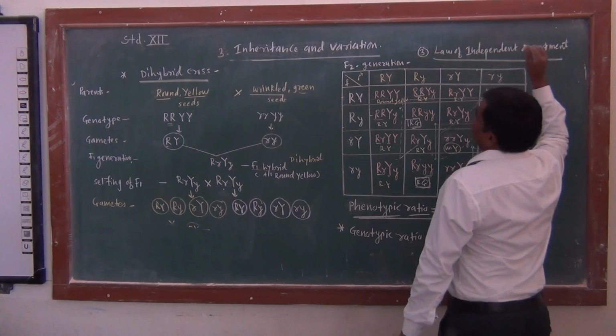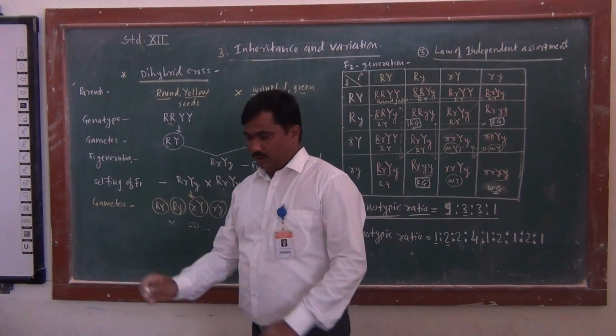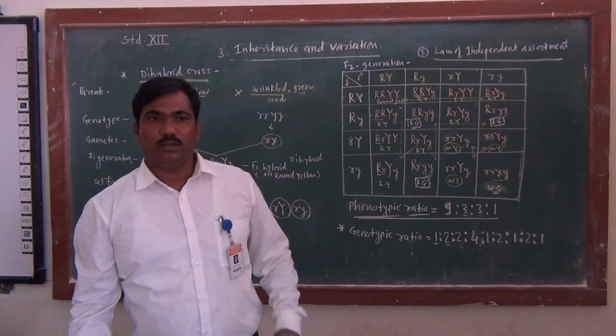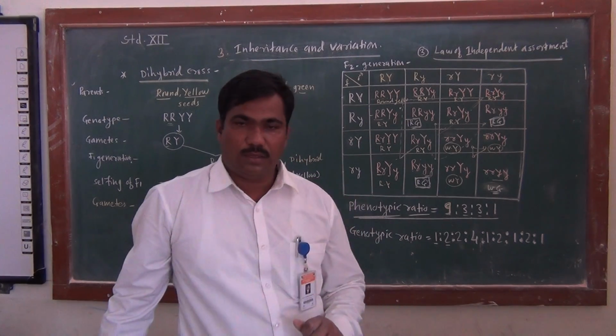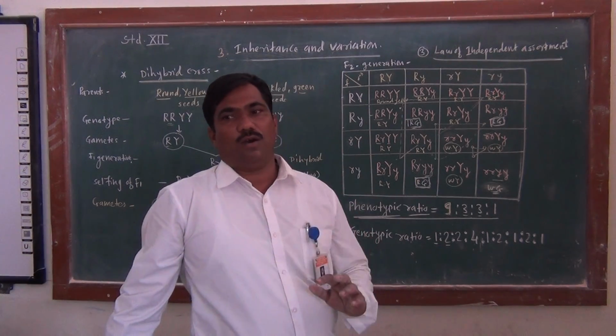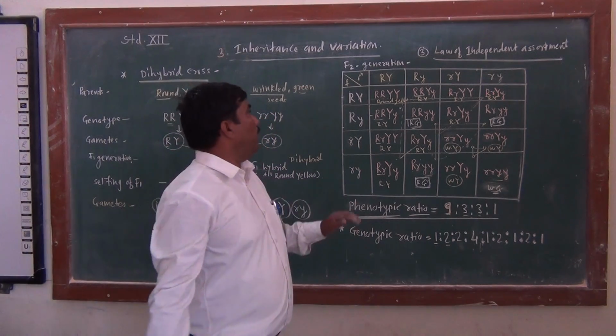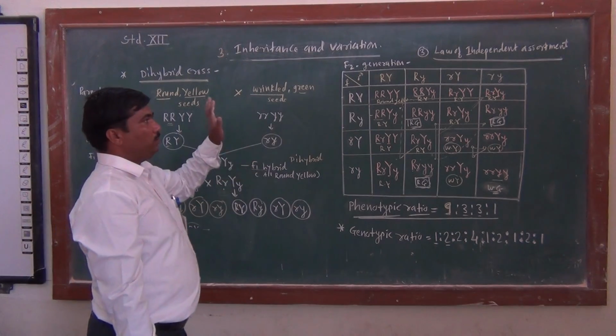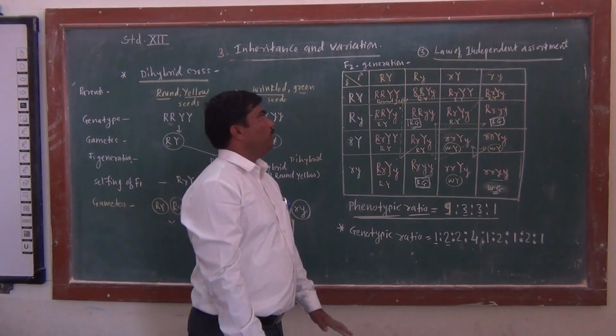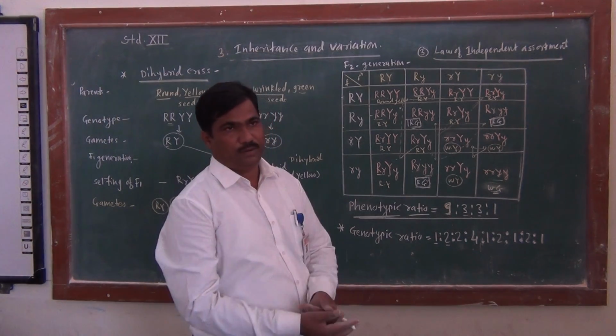By using monohybrid cross, we learn two laws. First is the law of dominance, and second is the law of segregation. And by using dihybrid cross, Mendel gives the law of independent assortment.